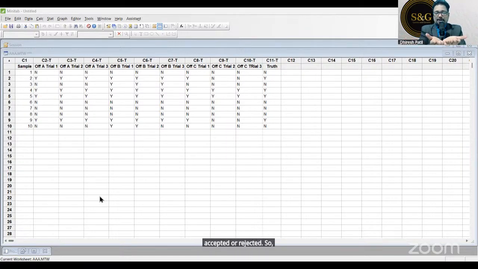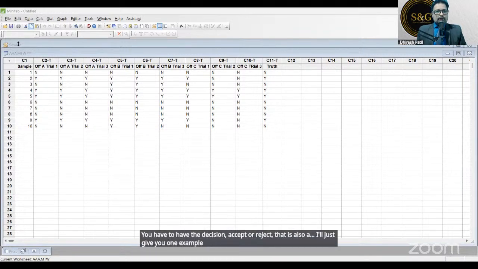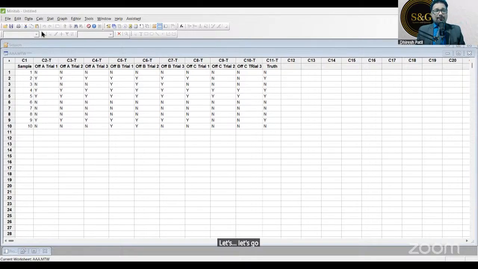It will be matched with the sample given by the standard or the customer. If the color is not matching according to you, you have to decide accept or reject. That is one example. Let's go to Minitab and find out how you can do this.